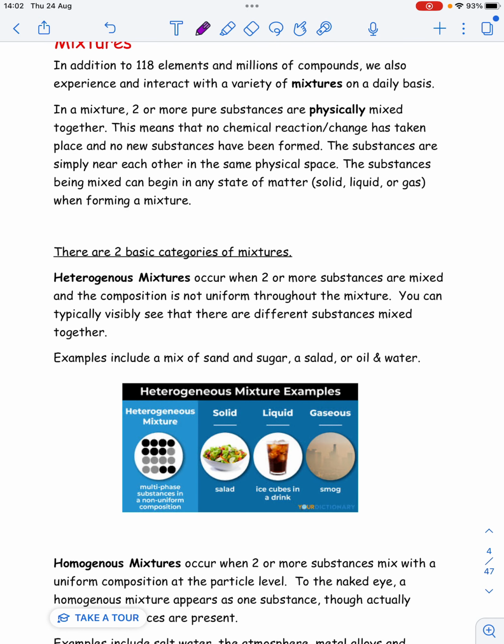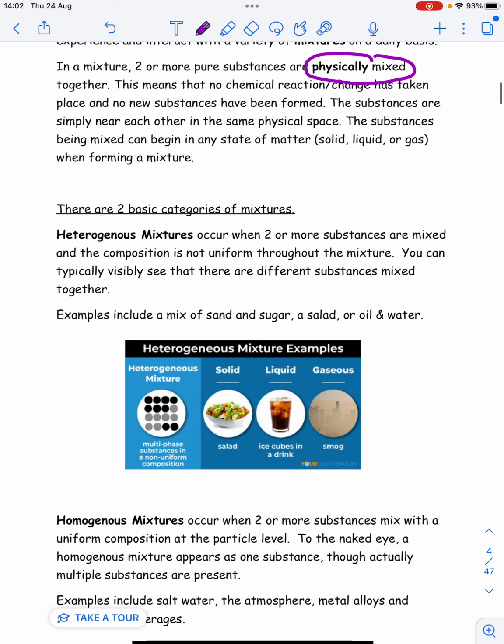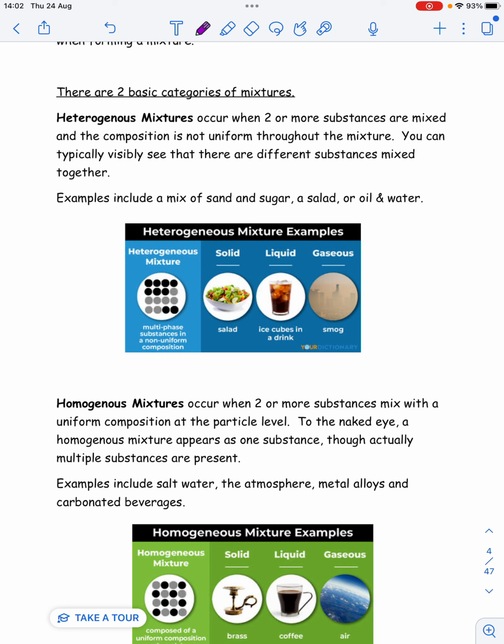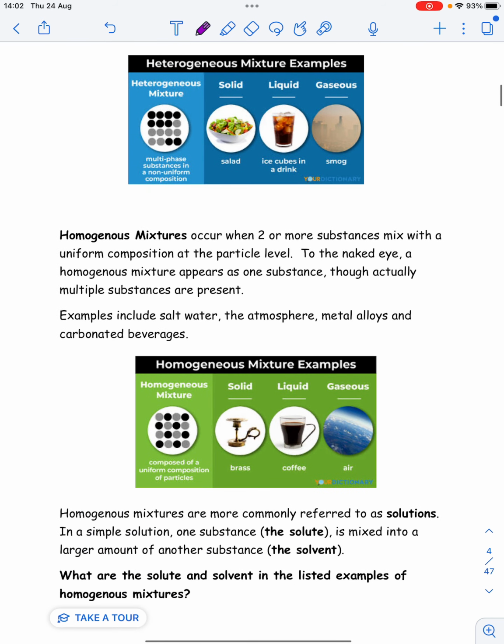The things that have been mixed are just physically mixed together. They're next to each other, but they haven't actually reacted and made anything new. We've got heterogeneous mixtures, which have a non-uniform composition. And we've got homogeneous mixtures, where we do have a uniform composition throughout, down at the particle level.